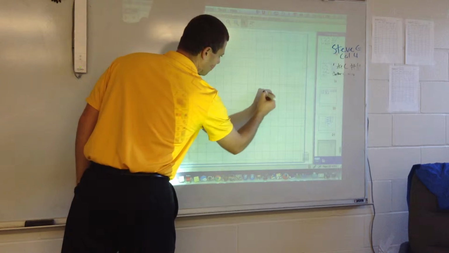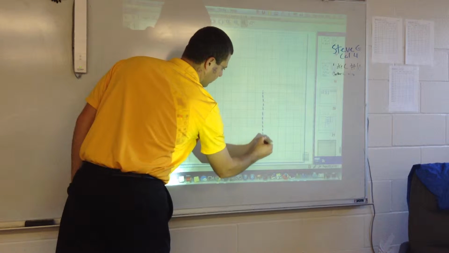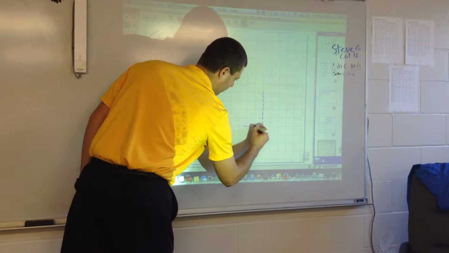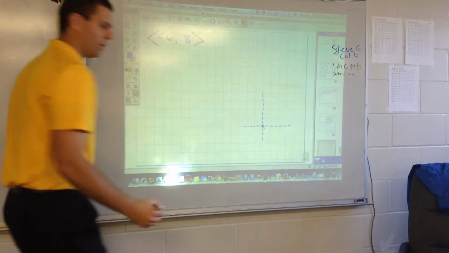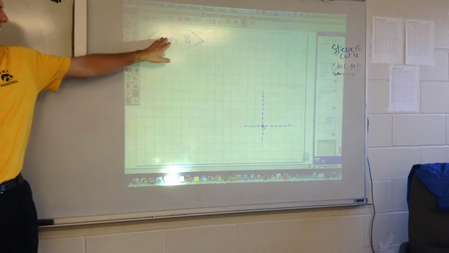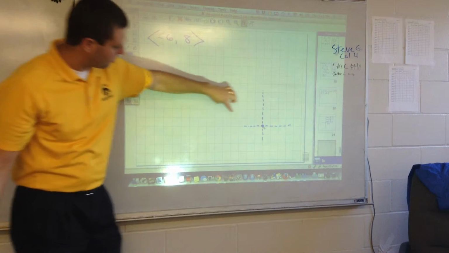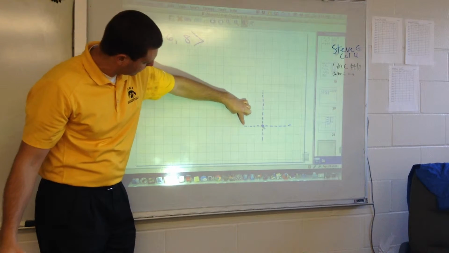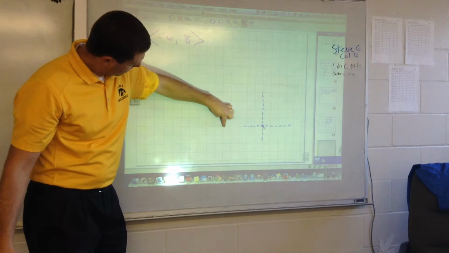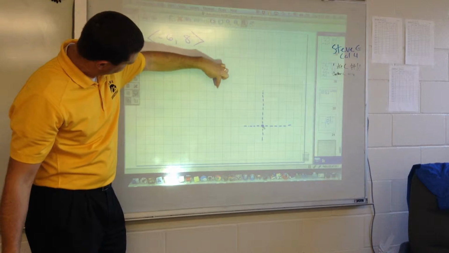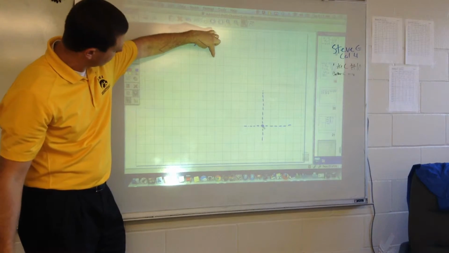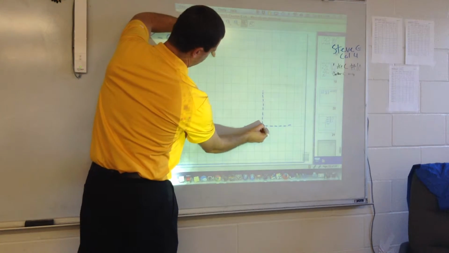But if I wanted to do it exactly right, I'm going to start down here. I'm going to call that my starting point. To draw a vector -6, 8, I have to make sure the vector goes 6 in the x direction, and 1, 2, 3, 4, 5, 6, 7, 8 in the y direction.